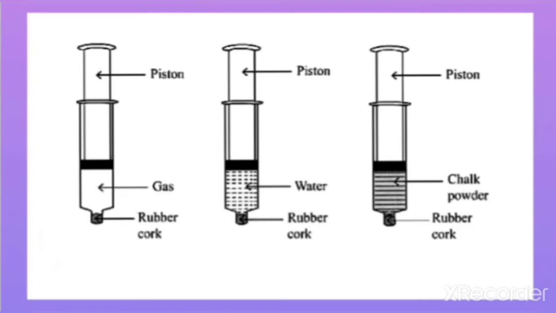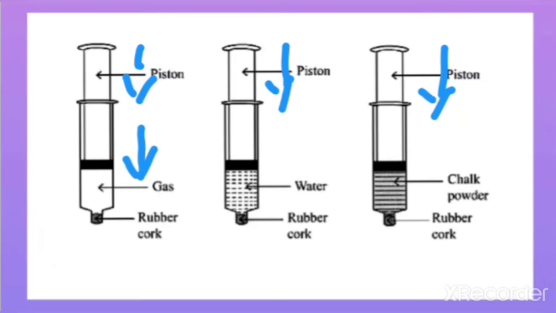When we try to compress the content by pushing the piston in each syringe, we find that we are able to compress the gas, because it is possible to move the piston when air is present in it.